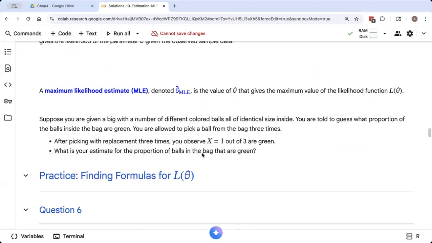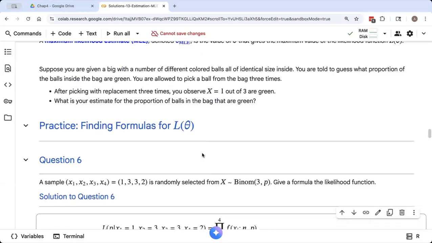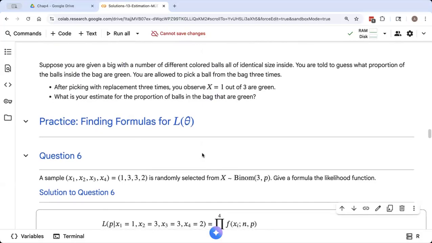If you want a motivating example to help guide you with this process, imagine that you are given a bag with a bunch of different colored balls that are all the same size, and you're asked to guess what proportion of the balls in the bag are green. You're allowed to pick a ball 3 times from the bag. So you go up and do an experiment.